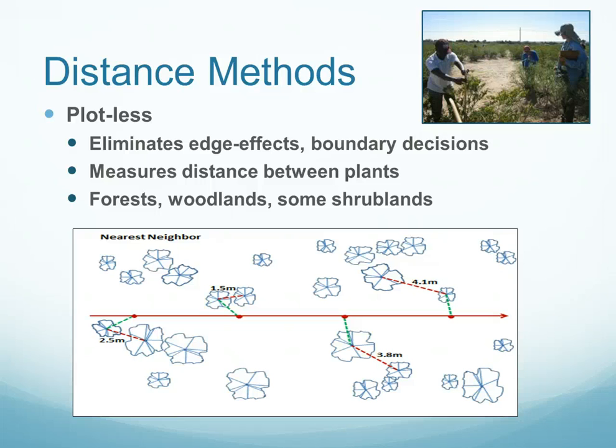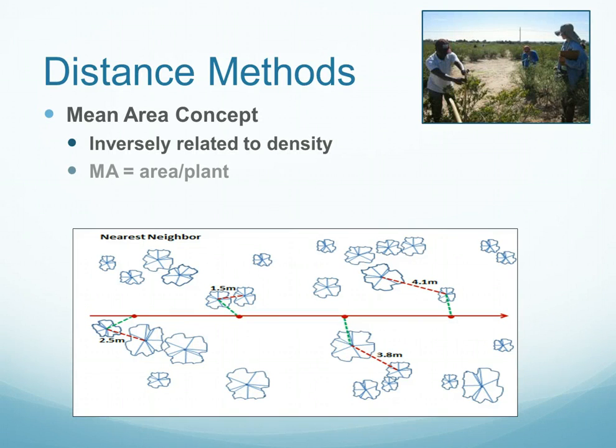Using distance methods, we measure the distance between plants, and it's most commonly applied in forested systems, in woodlands, and in some shrublands, oftentimes when we're only focusing on one or two species, and they can be closely spaced or spaced at distance. The unifying concept is the concept of mean area.